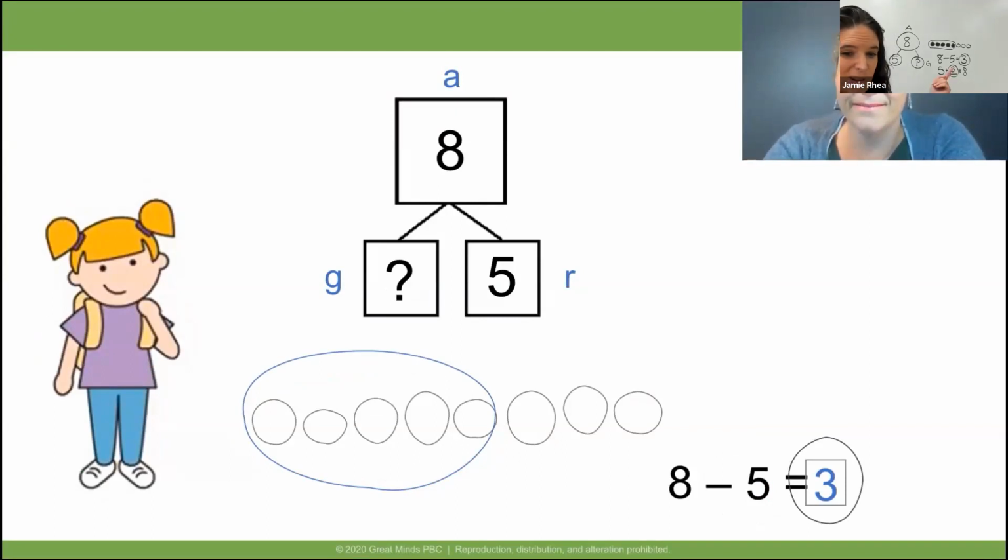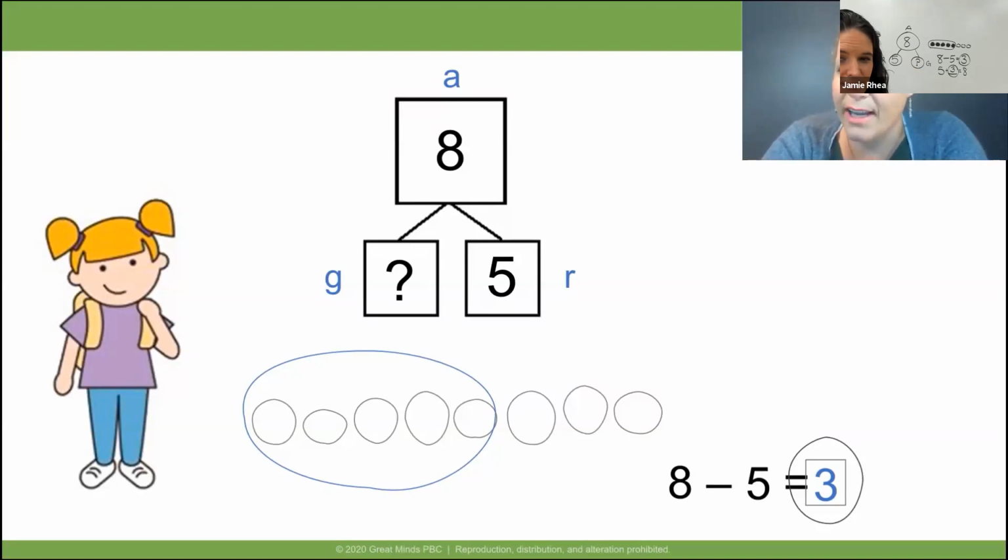I noticed that we have something still very similar. I noticed that Maria included the total 8 and labeled it A for apples. She wrote the part we know, which is 5, and labeled it R for red. And she put a question mark for our unknown, which was the number of green apples, and she labeled that G for green.